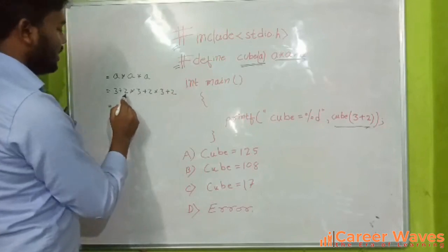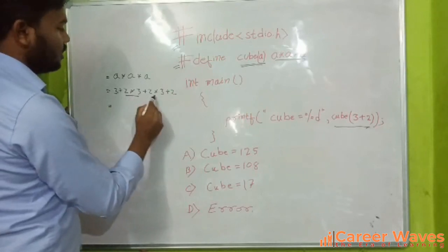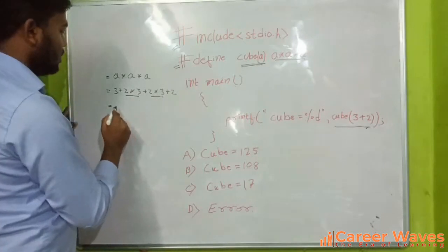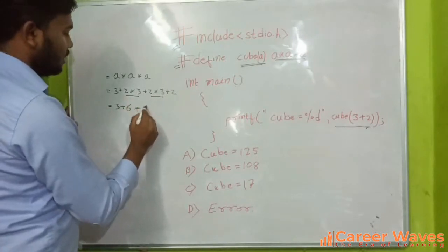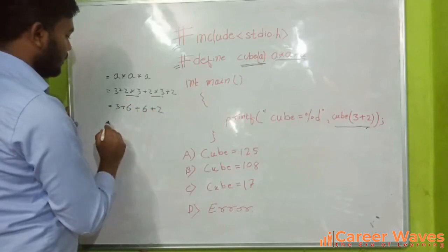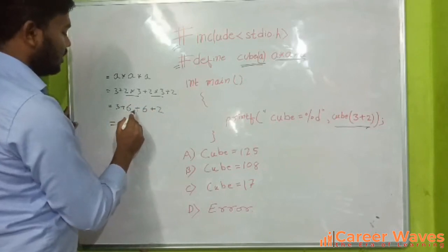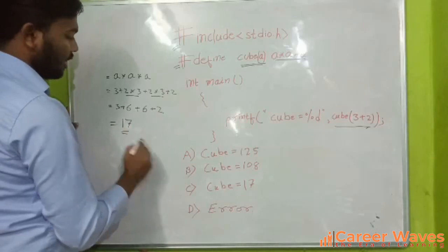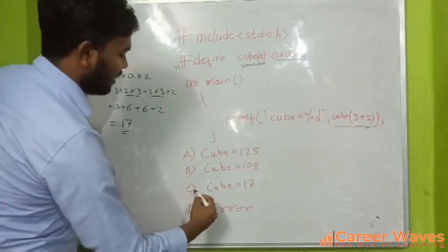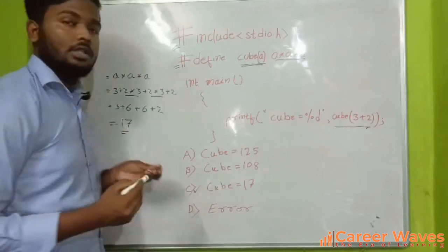We know the precedence for multiplication is higher, so first the multiplication will be resolved. So 3 plus 3 into 2 is 6, plus 3 into 2 is 6, plus 2. Now we can add: 3 plus 6 is 9, 9 and 6 is 15, and 2 is 17. So the output for this code will be 17, that is option C.